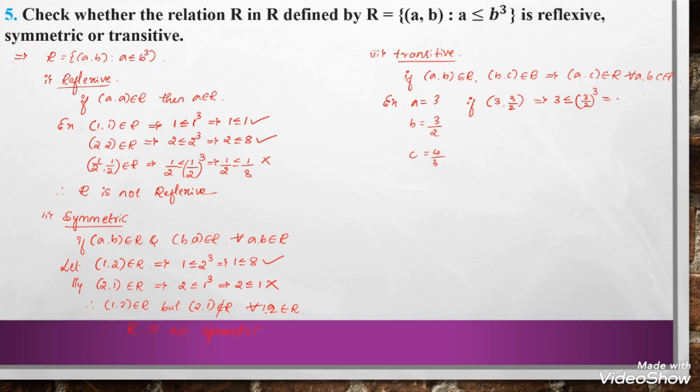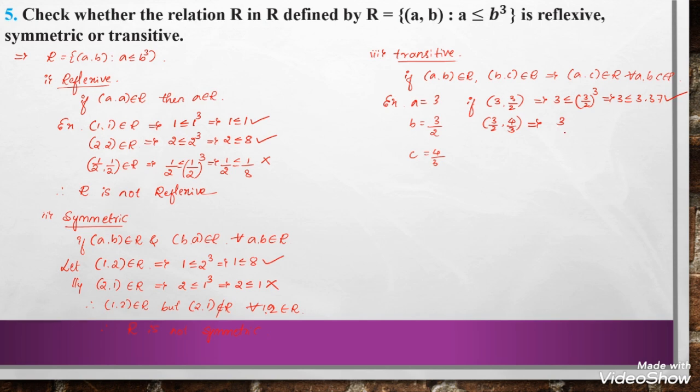What is the value of 3 by 2? That is 1.5. 1.5 cube is equal to 3.37 something, which is greater than 3. The condition is satisfied. Similarly for 3 by 2 comma 4 by 3.